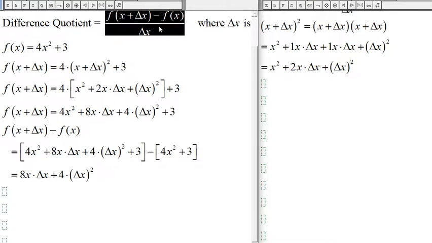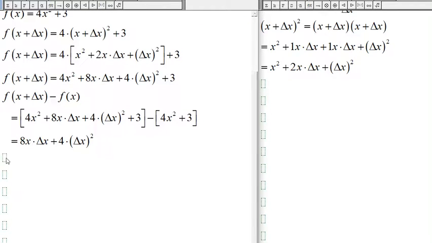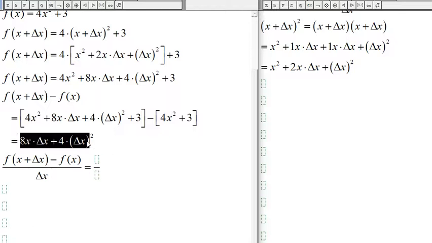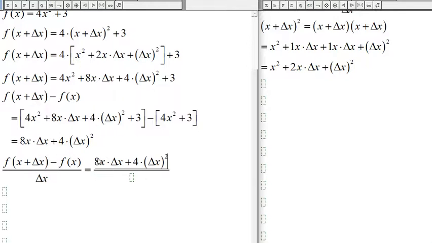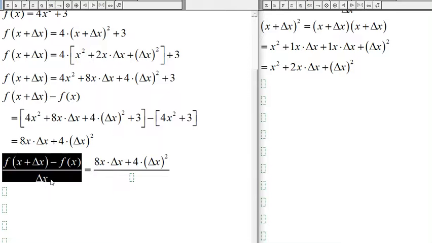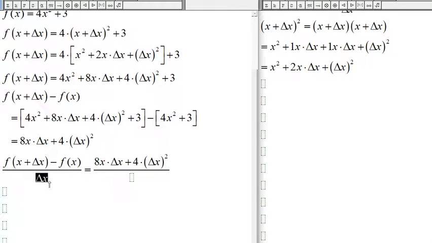And then the difference quotient is f of x plus delta x minus f of x, dividing by delta x. So we have 8x times delta x dividing by delta x.